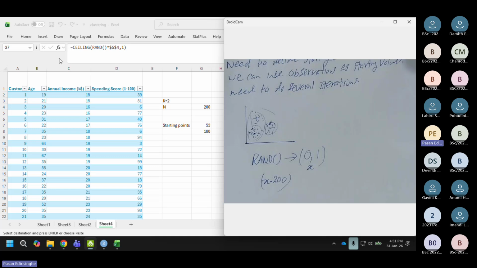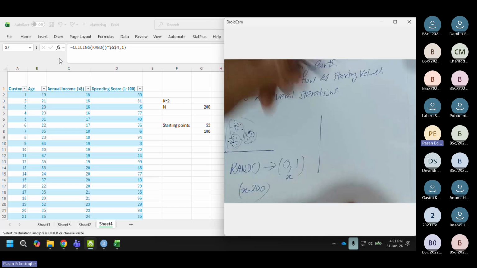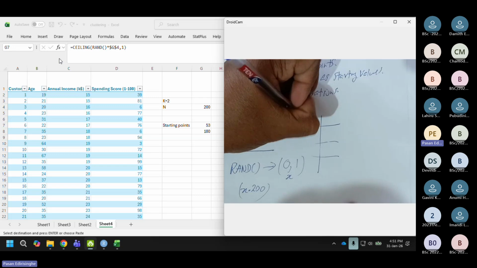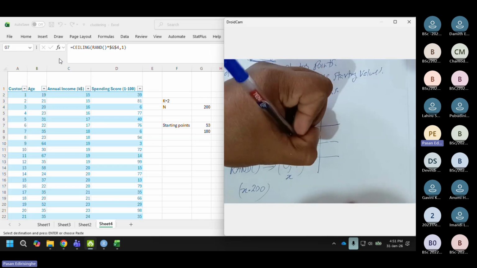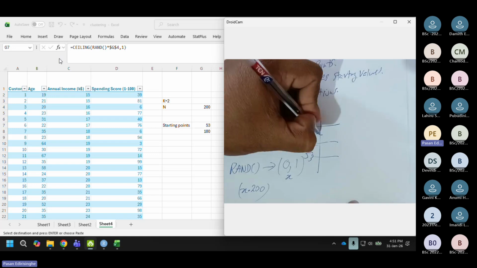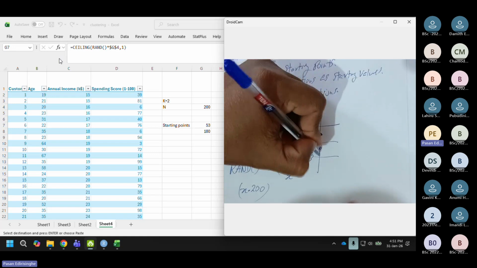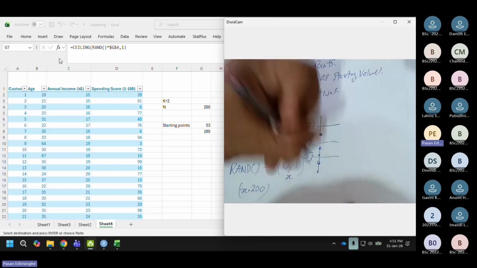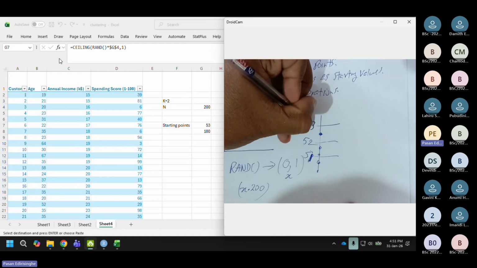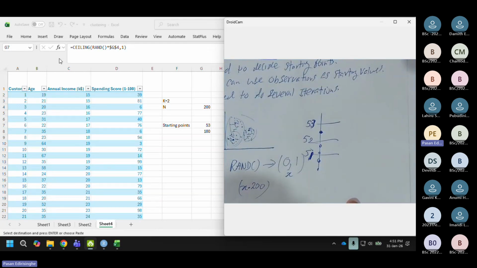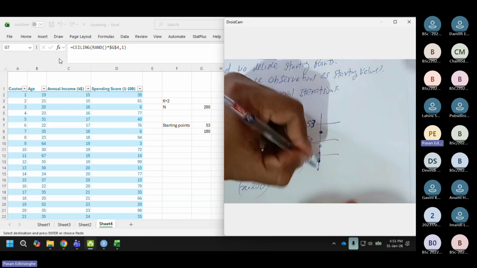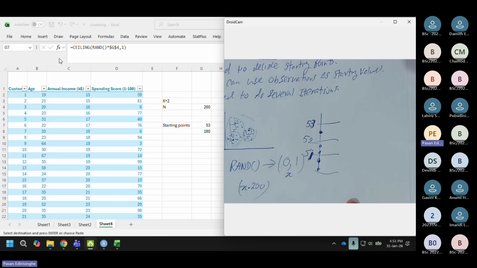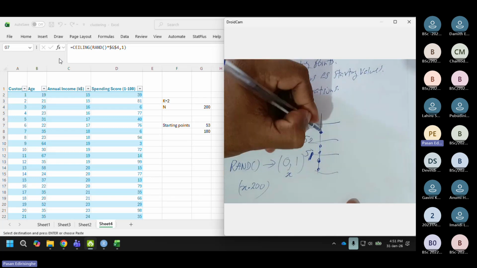So ceiling and floor mean that, if you're looking at random numbers here, say 51, 52, 53, going up like that, and you get some number in between, I'm taking the ceiling.